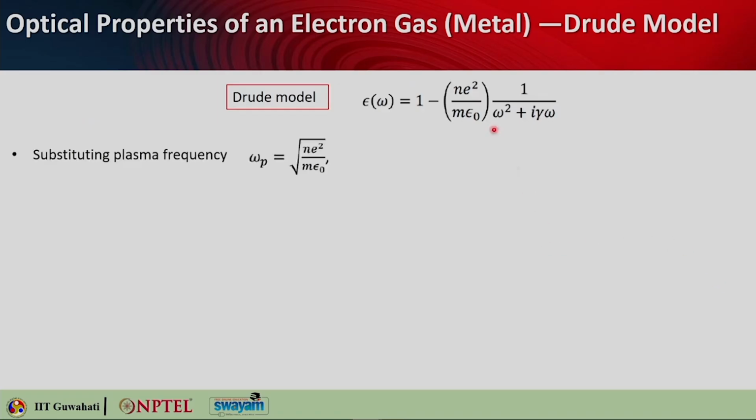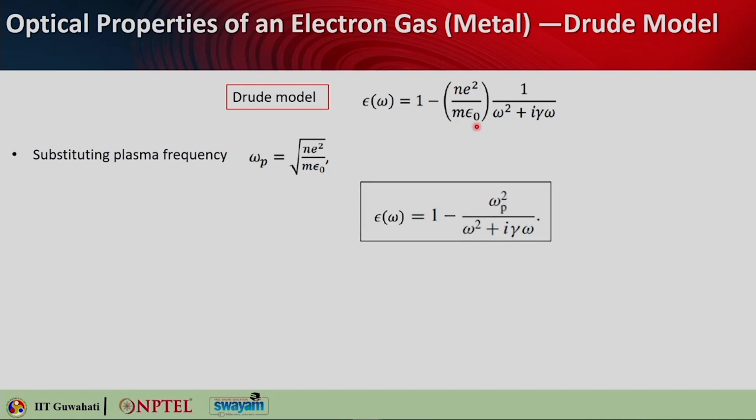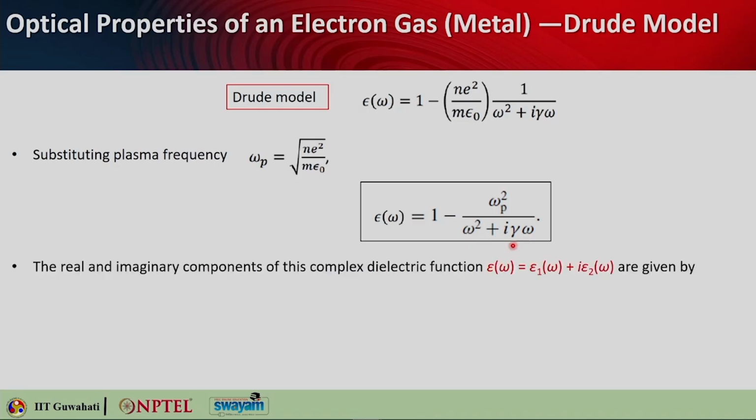This particular term is taken as omega p square, so the plasma frequency omega p can be written as square root of n e square over m epsilon naught. In that case, epsilon of omega is 1 minus omega p square over omega square plus i gamma omega.